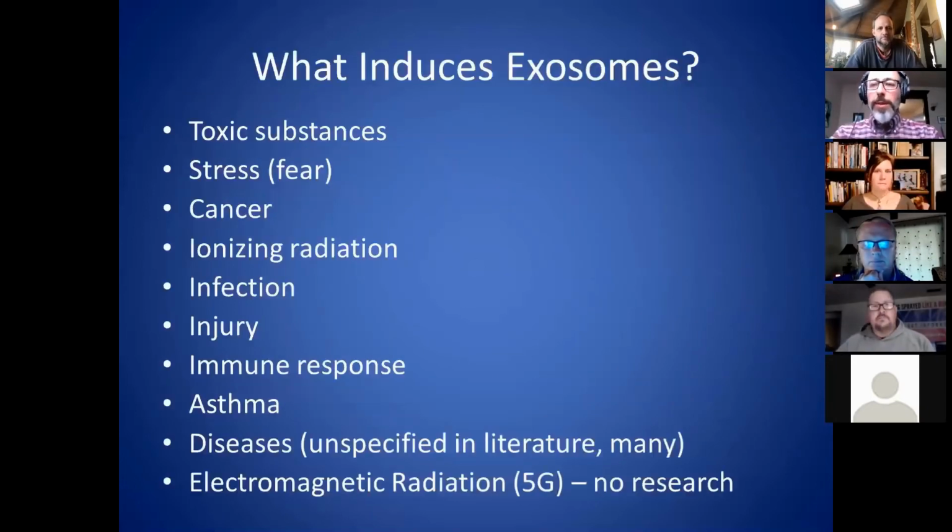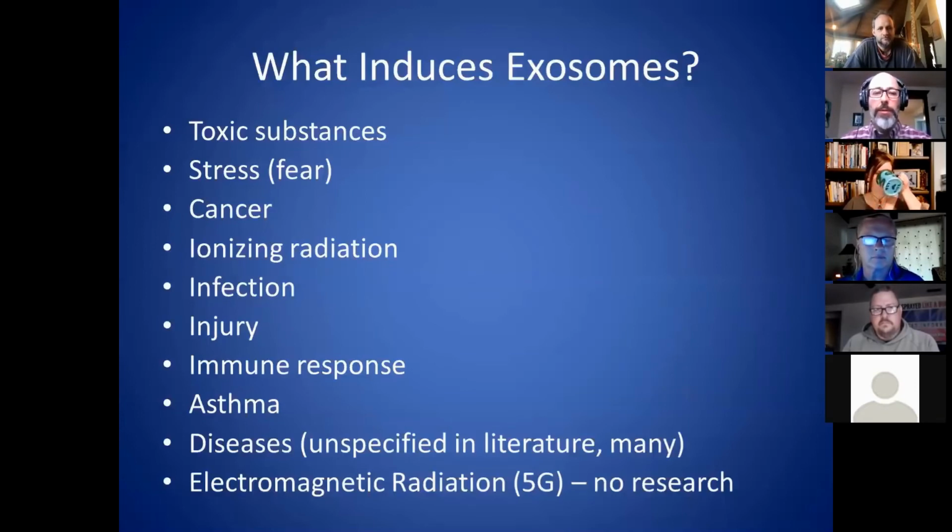So what is it that causes us to make more of these exosomes and throw them out into our circulation? So it turns out that almost every type of insult to the body would actually cause this process to occur. So toxic substances, psychological stress, including fear, which many, many people around the world are experiencing in a very intense way right now, also causes release of exosomes.